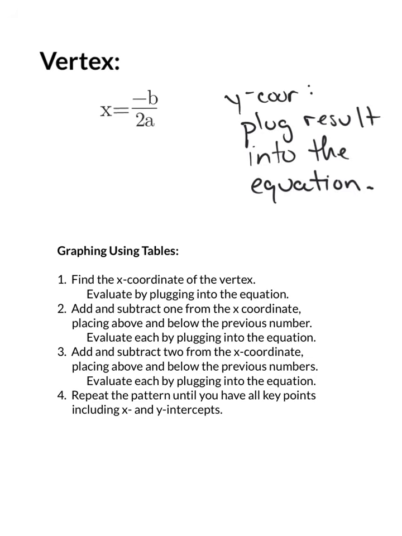We can evaluate each one of them by plugging it into the equation. We repeat the process, add and subtract 2 from the x-coordinate of the vertex, placing above and below the previous numbers, and evaluate each by plugging into the equation. Repeat the pattern until you have all key points, including the x and y intercepts. So let's go ahead and look at an example of graphing using tables.